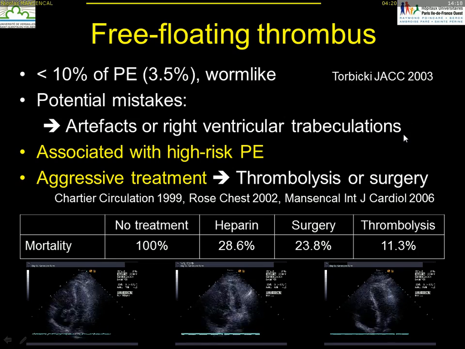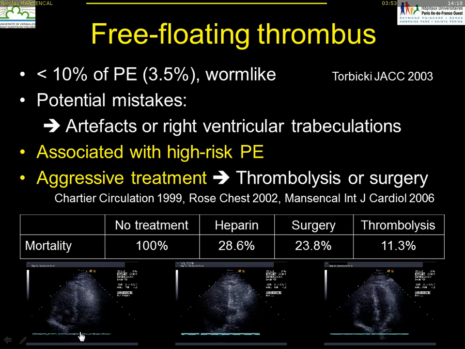And if you have a free-floating thrombus, this is associated with high-risk PE, and we need to perform an aggressive treatment, thrombolysis or surgery. There was no previous prospective study, and in a meta-analysis, we can see that surgery or thrombolysis is better than no treatment or heparin.